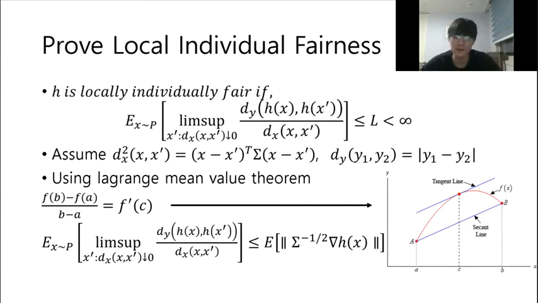This means local individual fairness is easily satisfied when the gradient of h x is not infinity. When this is not infinity, the whole of this will be smaller than infinity. Thus, the gradient of h x will be infinity only when it is not a continuous function. So it will not be infinity when w is continuous.